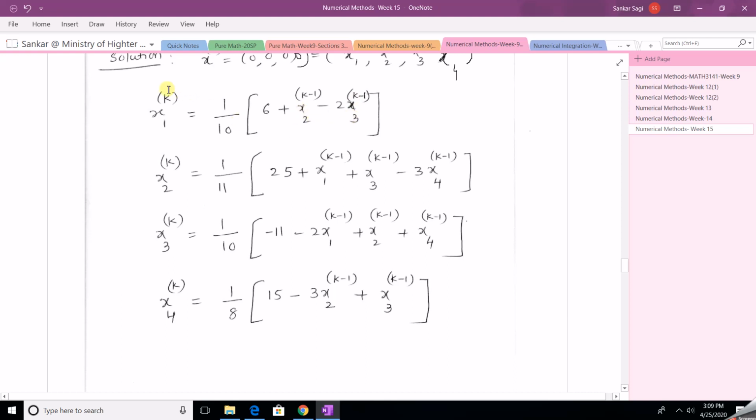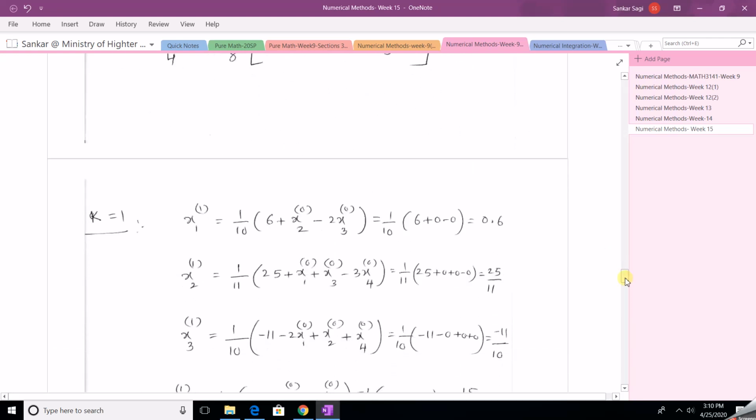That means if we want the first approximation, we have to use the 0th approximation values, that is the initial values. If you want the second approximation of x1, you have to use the first approximation values. If you want the third approximation of x1, you have to use the second approximate values. So this method we call the Jacobi method, and this is the end of this video.